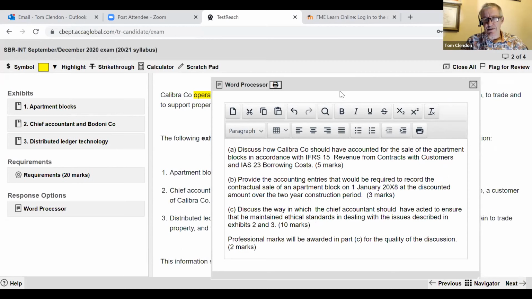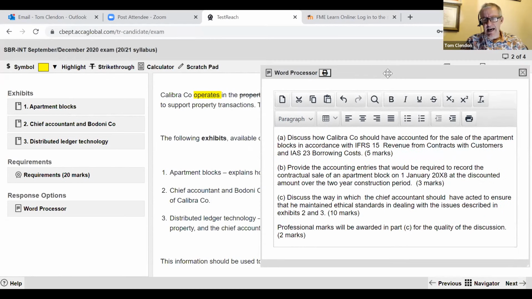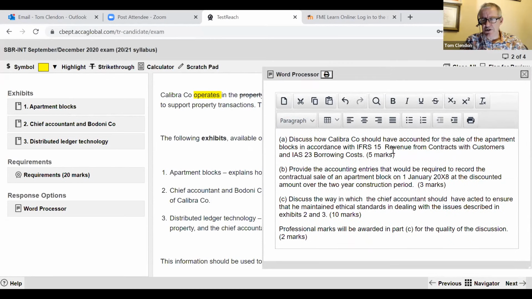And those requirements are to A, discuss how Clendon should have accounted for the sale of the apartment in accordance with revenue. So we've got an accounting standard revenue, and we've got an accounting standard on borrowing costs. We've got 2 different accounting standards that we're being asked. Now, this is for 5 marks. If it's for 5 marks, then this is roughly 8 minutes that we've got to answer that question.